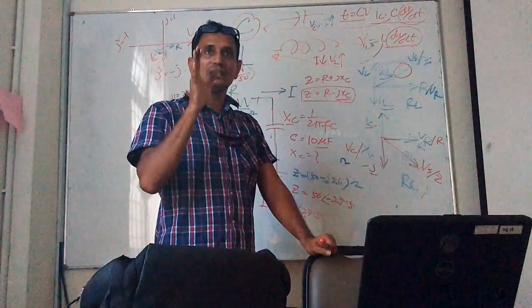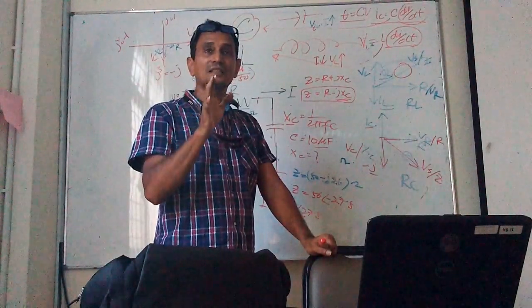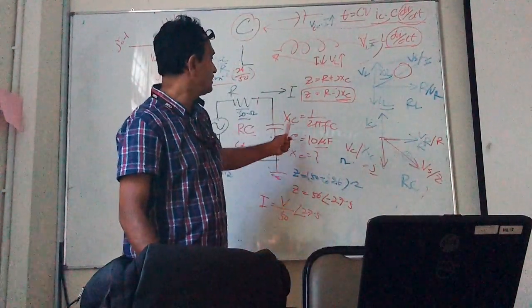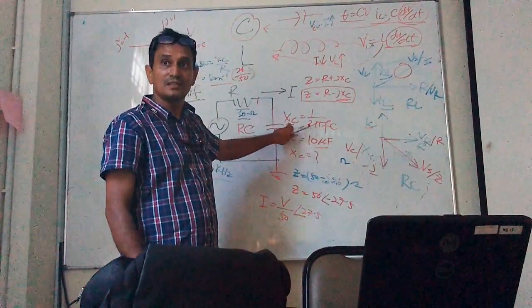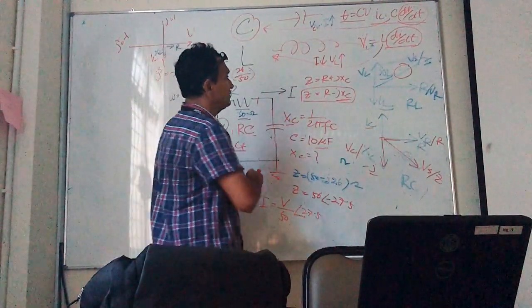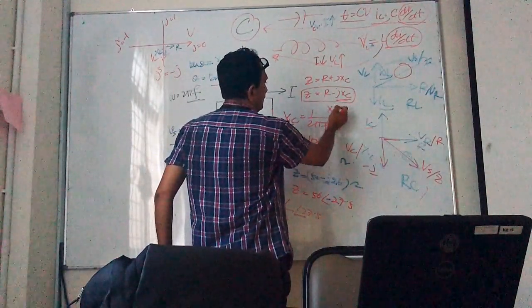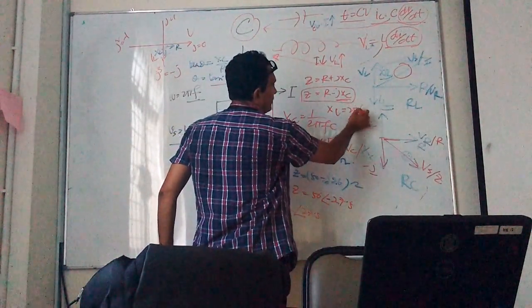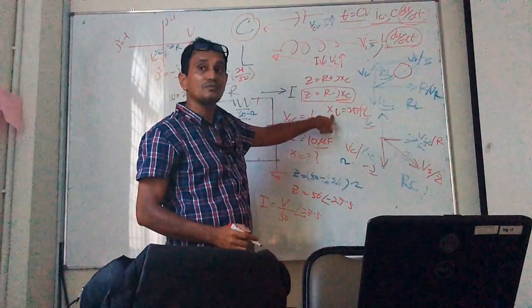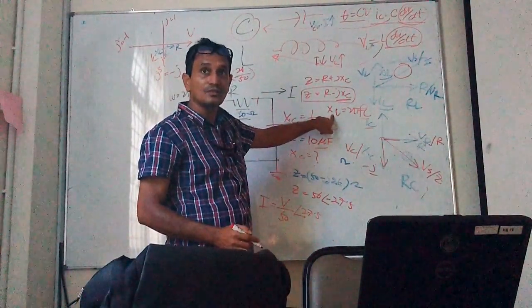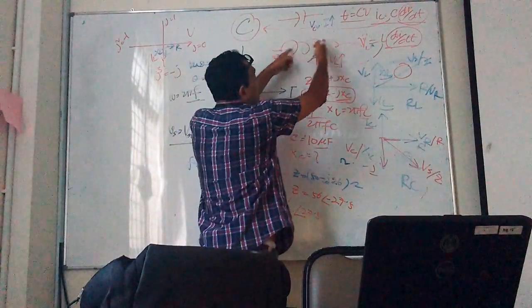Here is how frequency variation affects inductive reactance and capacitive reactance. Frequency 0 means capacitive reactance is highest, infinity. Frequency 0 means inductive reactance, XL equals 2 pi FL, should be how much? Definitely 0. So if you apply DC to the inductor, you will not see any voltage.